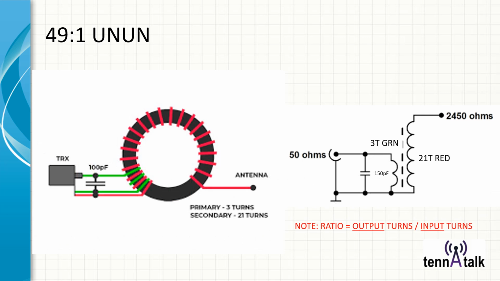Here's a 49-to-1 unun, and here it's typically 3 turns on the primary and 21 turns on the secondary, and that ratio is 7. 7 squared is 49. 49 times 50 is 2450 ohms, and that's the impedance that it wants to see at the antenna. And this is typically how it's wound.